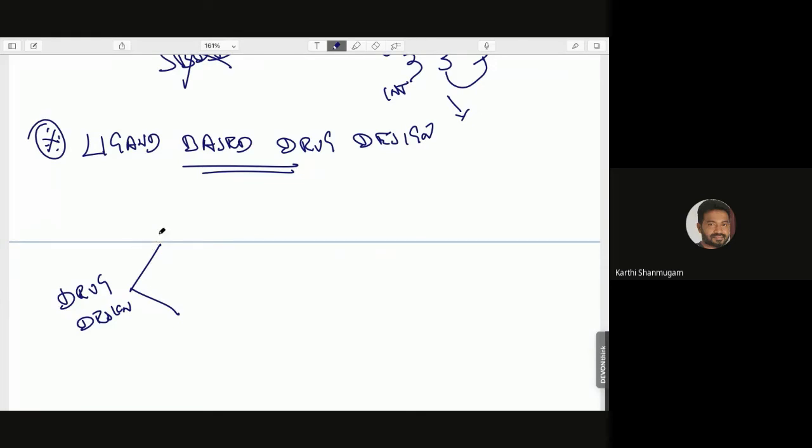In target validation and identification, I discussed two major types of drug design, and I think I gave the material, in which I also discussed the two types in detail. What is that?